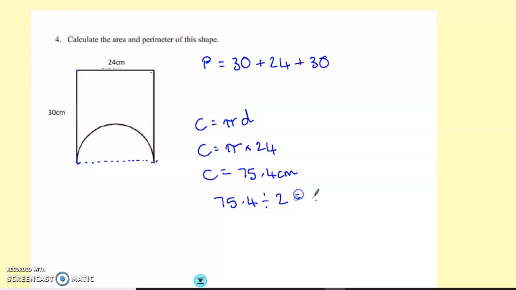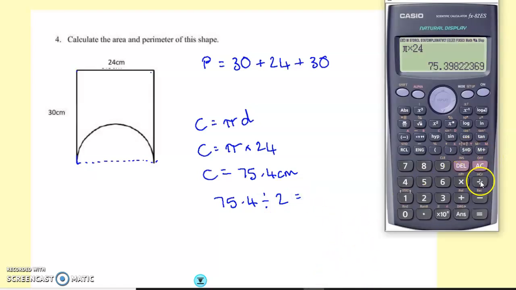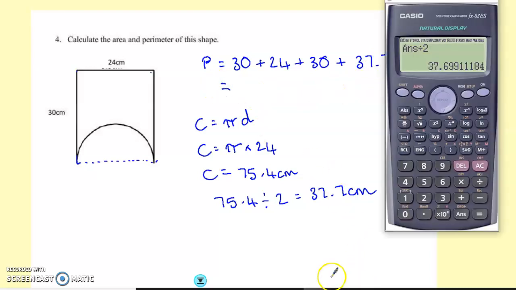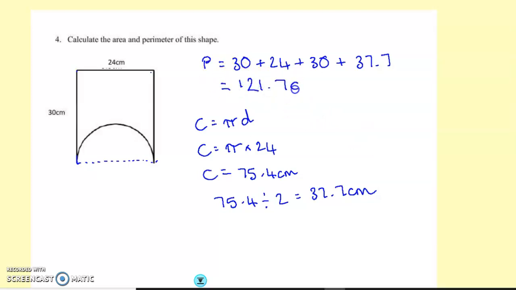Don't want a full circle, so we need to half it, which is 37.7. Add that to my perimeter. We're adding on 30, 24, and 30. We get to 121.7. And remember our units, centimetres.